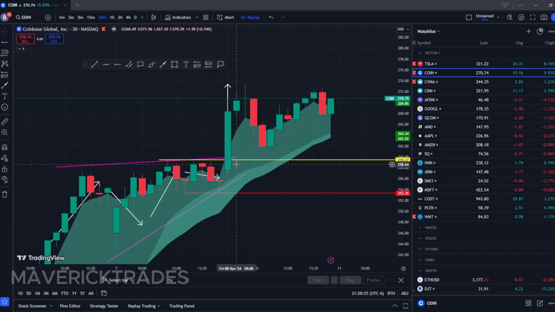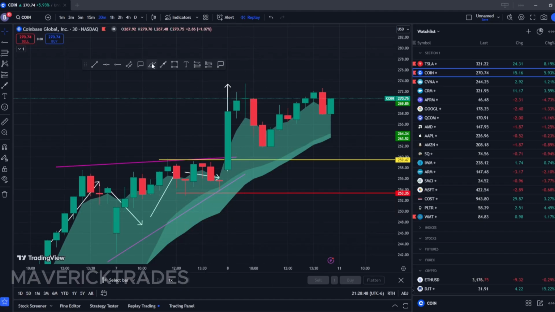Okay? But if you set an automatic stop loss and it goes down, you might get stopped out, but then it moves back up. So you're going to want to set a manual mental stop loss below these candlesticks right here.